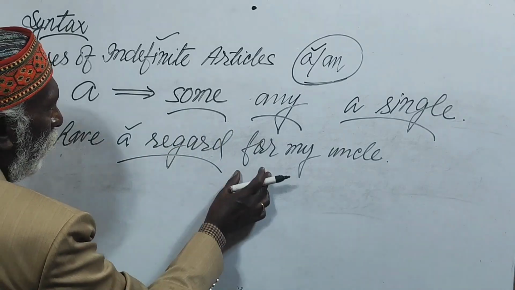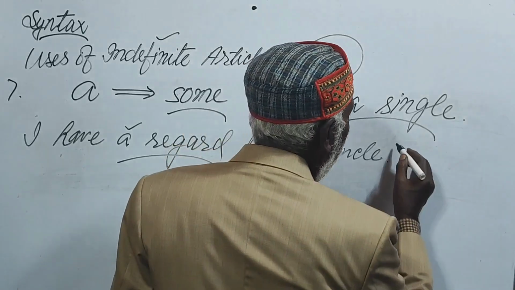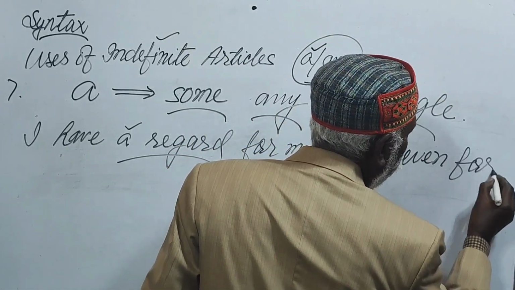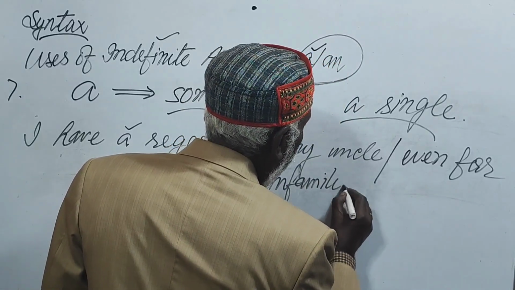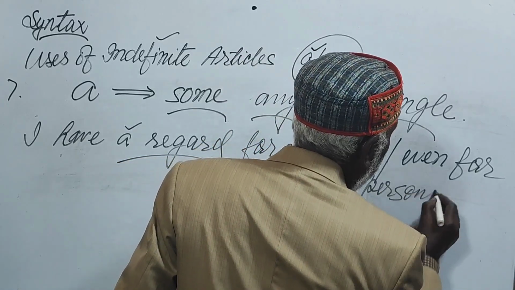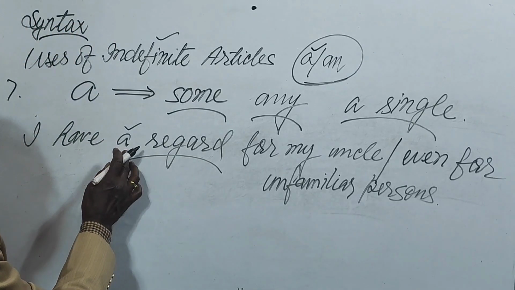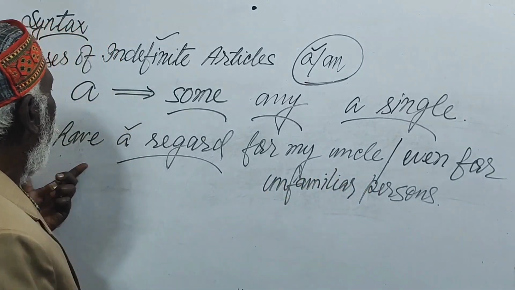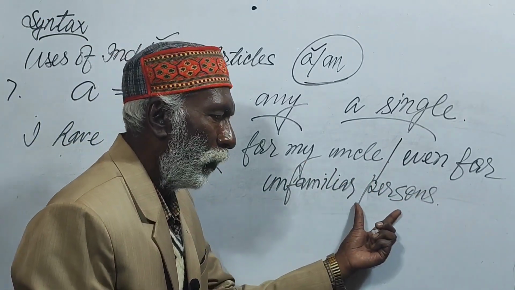I have a regard for any uncle, but मैं कहूंगा even for unfamiliar persons. अपरिचित व्यक्तियों के प्रति भी मैं थोड़ा रिगार्ड रखता हूं. I have a regard even for unfamiliar persons.